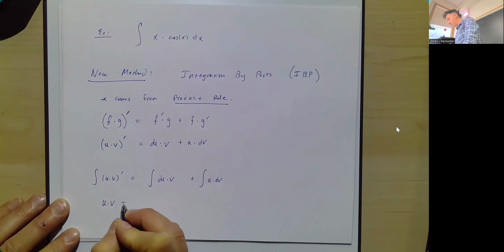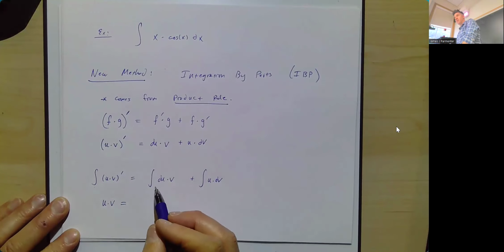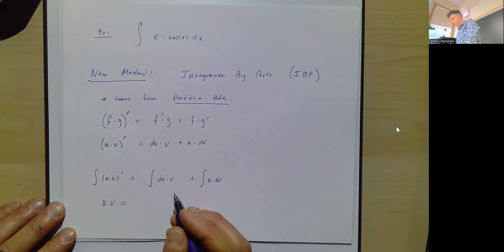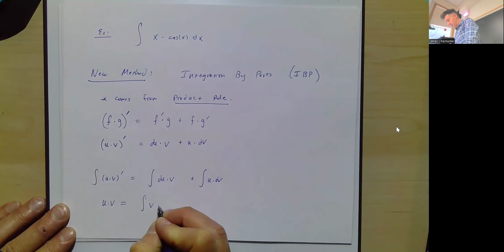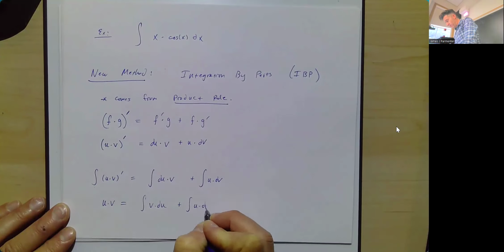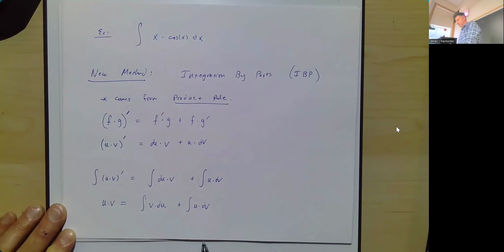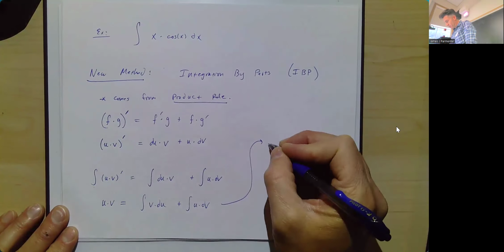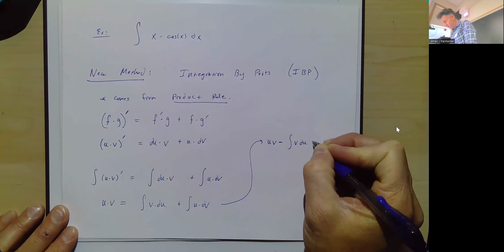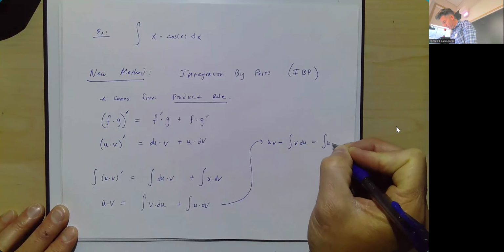And then rewrite this just slightly. Instead of writing du times V, I'm going to write this in a way that looks more like how you actually write an integral, which is the integral of V times du plus the integral of U times dV. And then finally, we isolate the U times dV and we rewrite this as uv minus the integral of V du equal to the integral of U times dV.